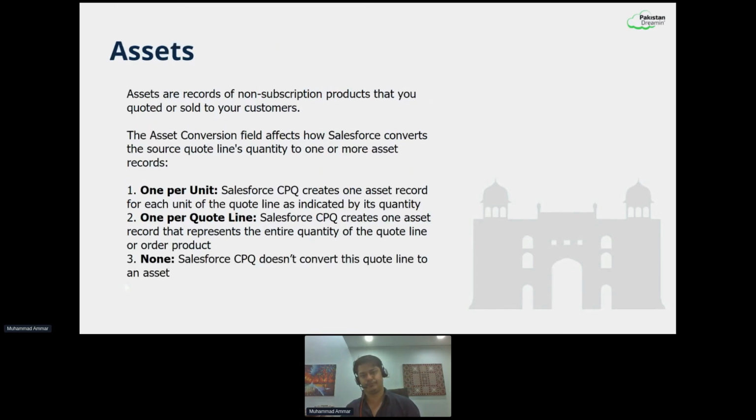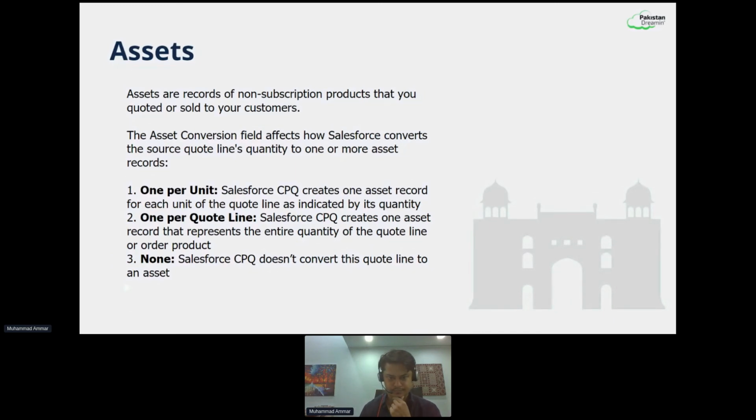And the assets are basically all the non-subscription products that are coded and sold to your customer. For example, it can be a type that you're not renewing, and it could be of three types: one per unit, one per code line, or none. When you're creating a contract and finishing your code, your products and code lines will be converted into your assets.